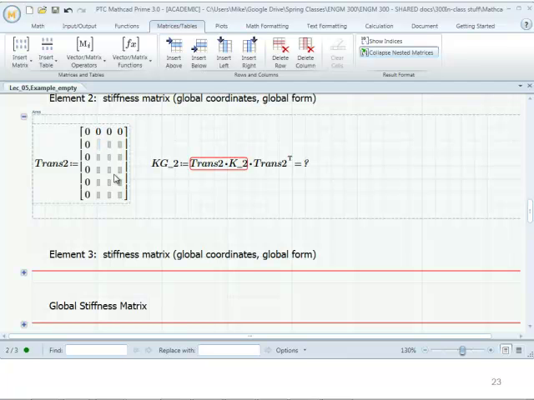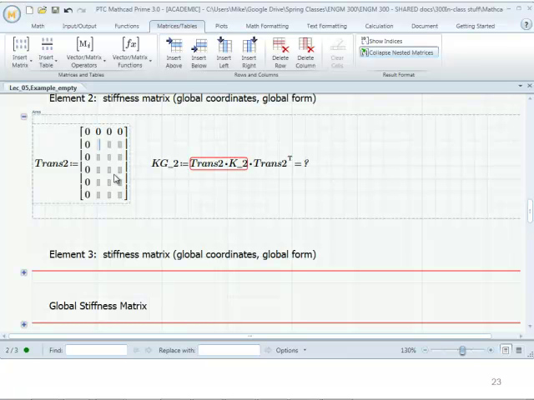I'm not saying mine's right, by the way. All right, who wants to take a crack at it? Zeros in the first 2 columns.